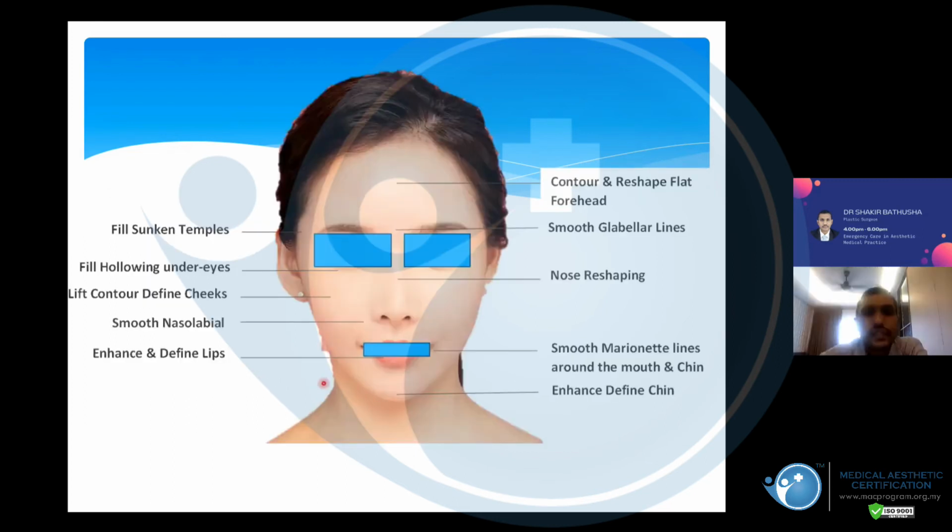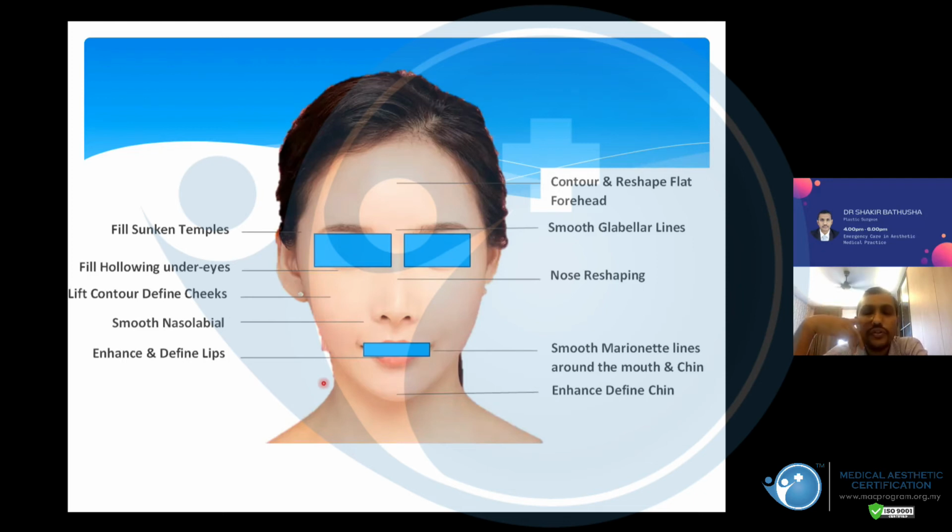So these are the indications: trying to address the contour deformity of the forehead, fill up the sunken area of the temple, and the periorbital area, especially the lower eyelid, give a higher malar projection, define the cheeks.